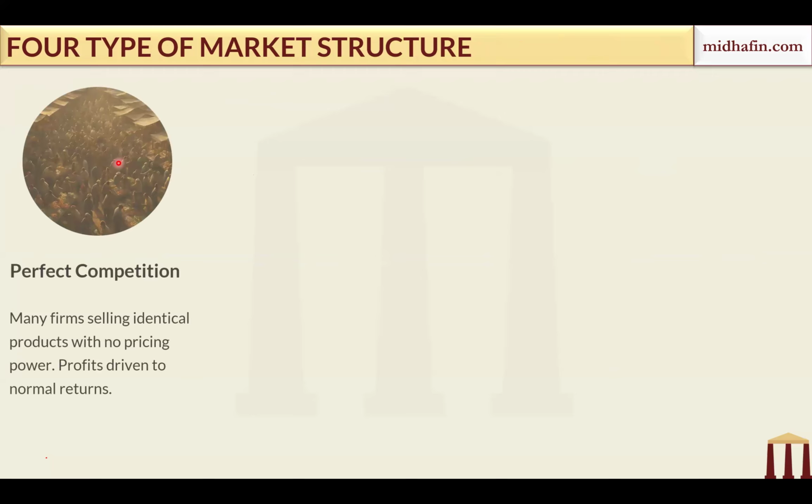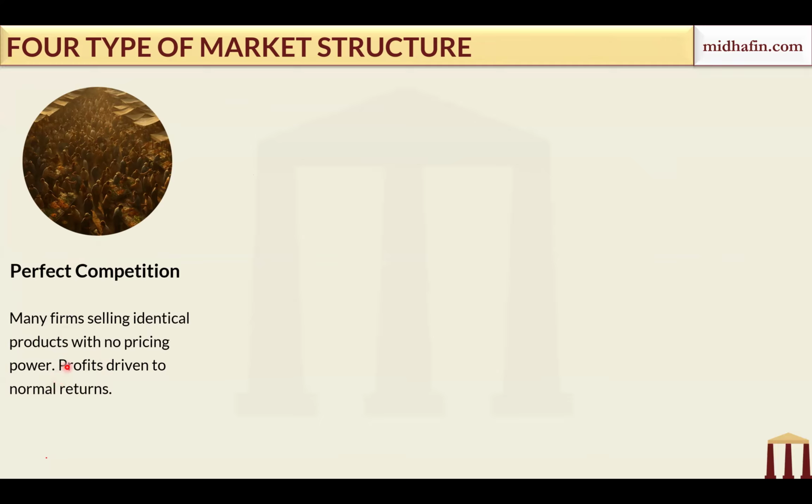So perfect competition is at one extreme end of the definition spectrum. You have a large number of firms. They sell identical products with no pricing power. So no single firm has any influence over the market price.